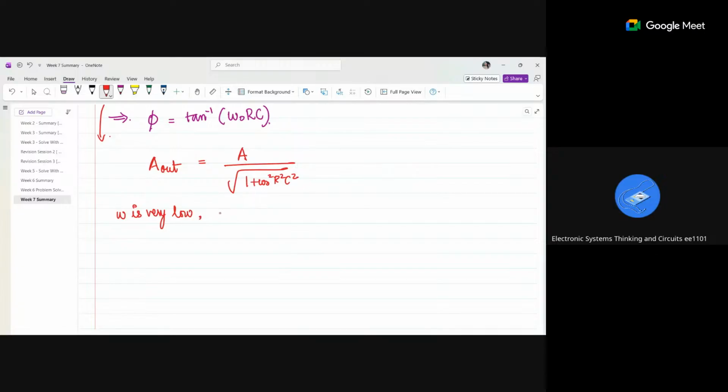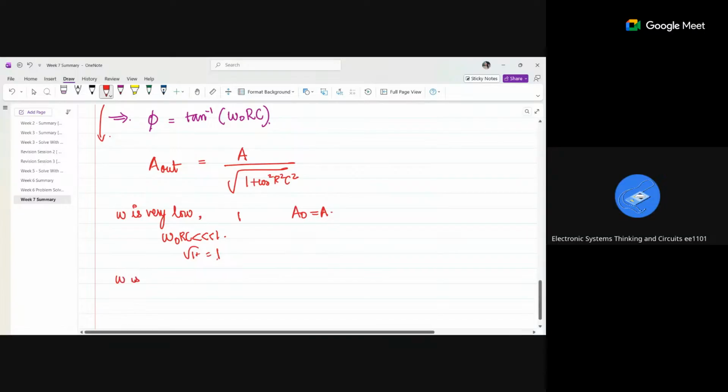What happens when omega is very low? The capacitor charges fully, so low frequency signals will pass through it. When omega is very low, A out is basically equal to A. Omega naught RC will become very much less than 1, so root of 1 plus that will be equal to 1. So A out is equal to A.